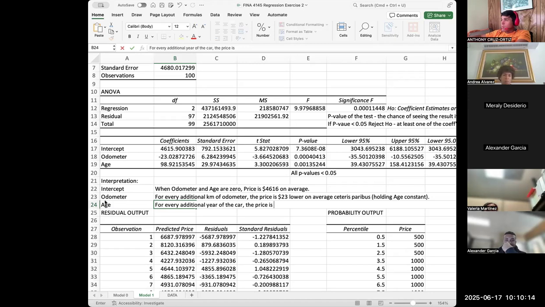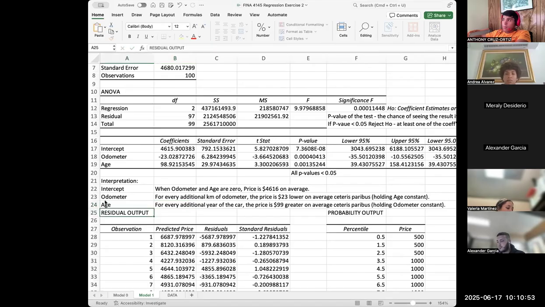Because it was going down at first and then up. But this is giving you the average result because the later prices are so overwhelmingly positive. So that's not even fitting the data very well either. For every additional year of the car, the price is $99 greater on average, ceteris paribus, holding odometer constant.